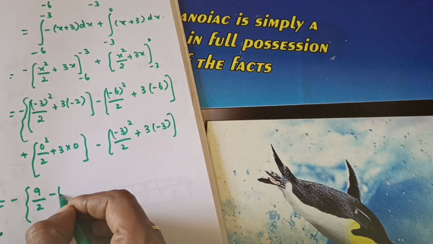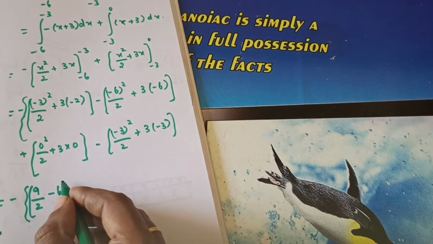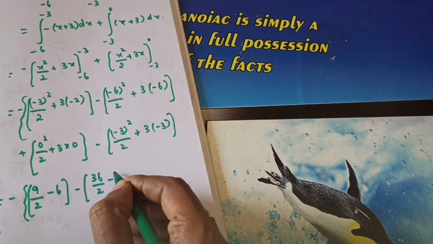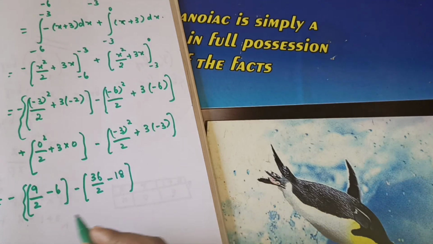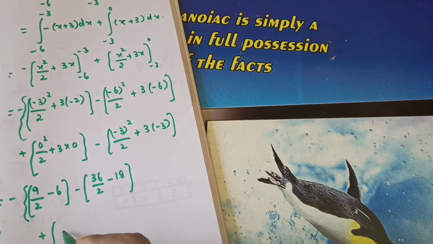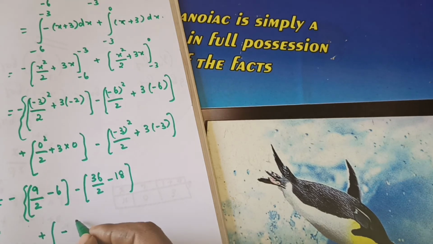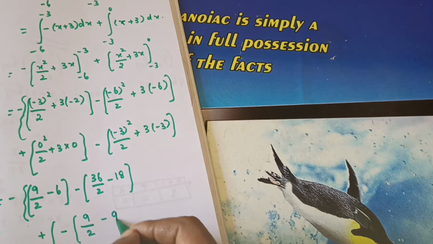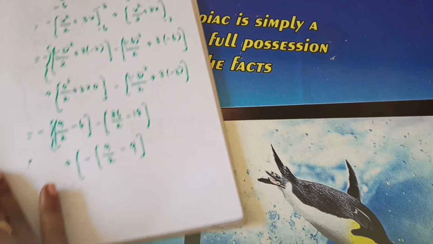9 by 2 minus 9, minus 36 by 2 minus 18, and then the next one is plus that value, everything 0, is it right? So minus of 9 by 2 minus 9. Okay, so simplify.